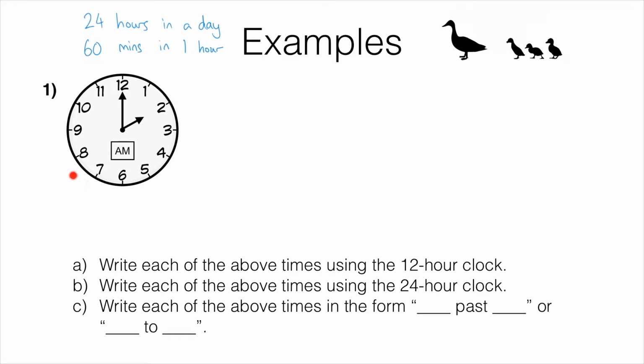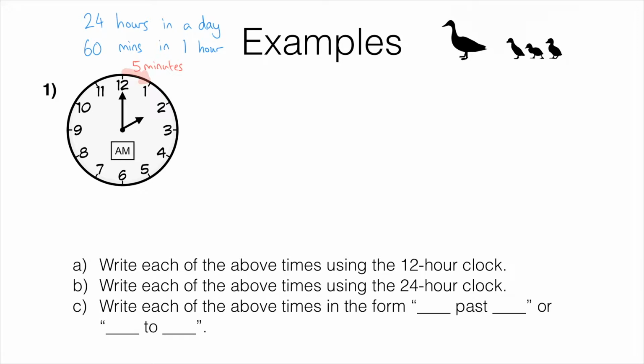These numbers correspond directly to the hours, and remember, because there are 60 minutes on this clock face, and this clock face is divided into 12 sections by these numbers, each of these sections is actually worth 5 minutes, because 60 divided by 12 is 5. So for the minutes hand, each of these sections is worth 5 minutes.